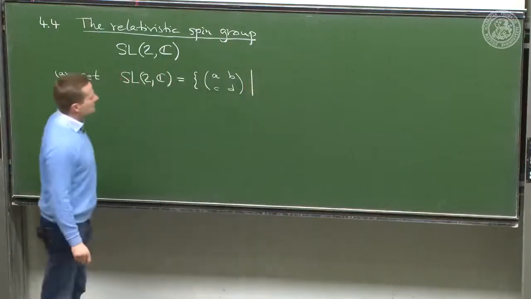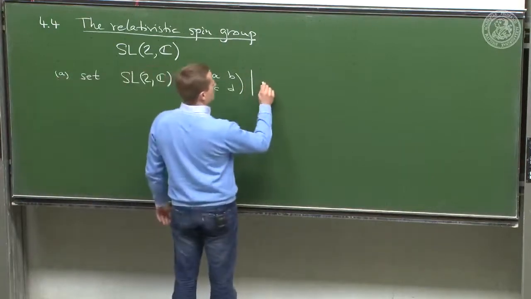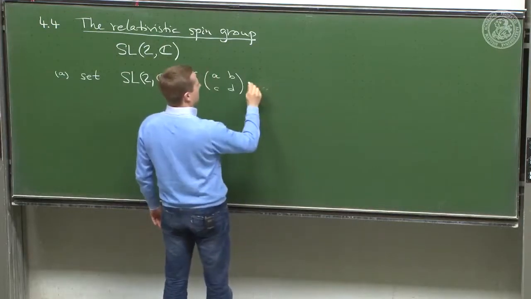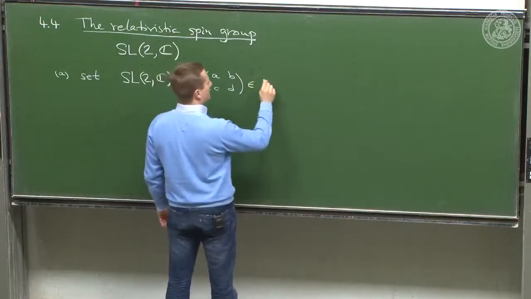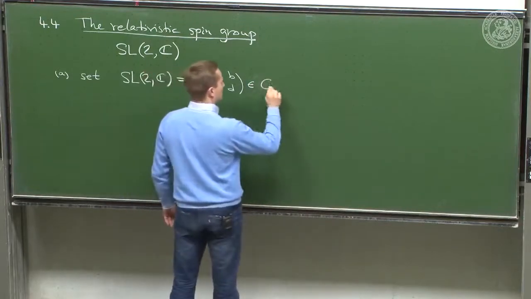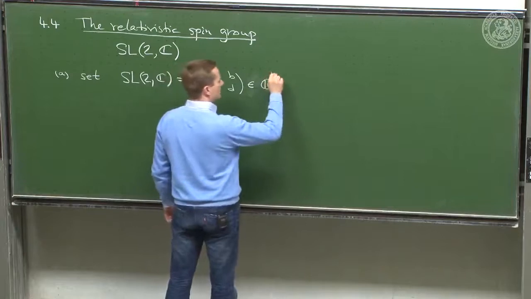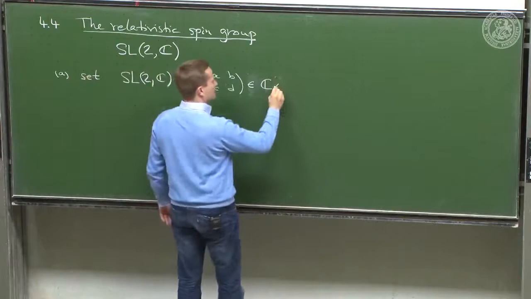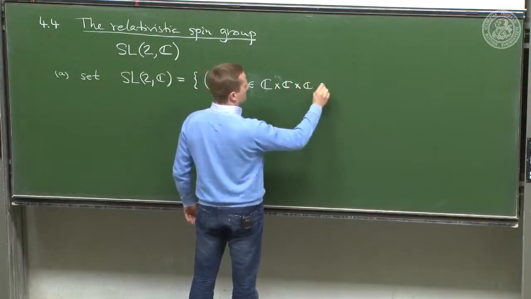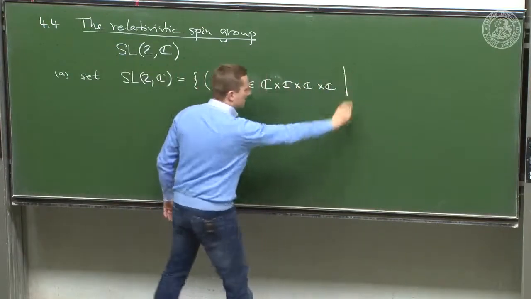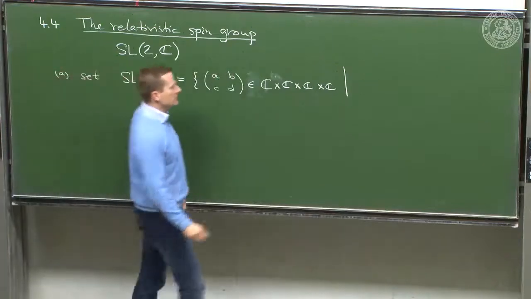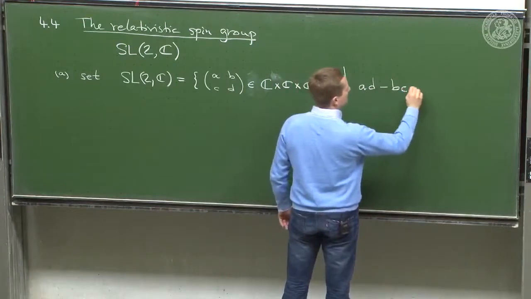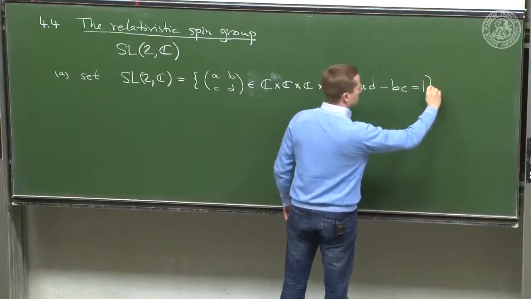And it comes with a condition. If it's a 4-tuple, it's an element of, I take the complex numbers to the 4th, but that obviously means Cartesian product, Cartesian product, Cartesian product. But not all of these 4-tuples. I impose the condition that AD minus BC equals 1.